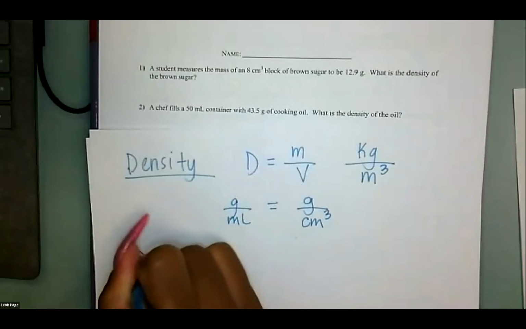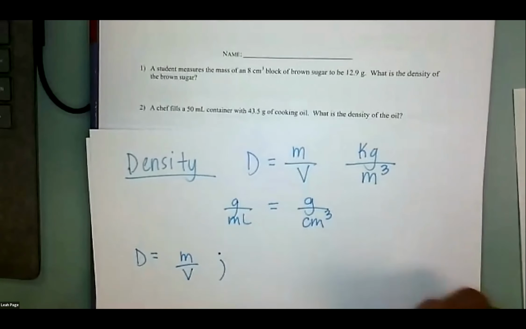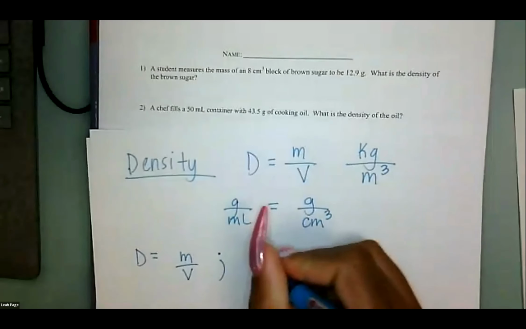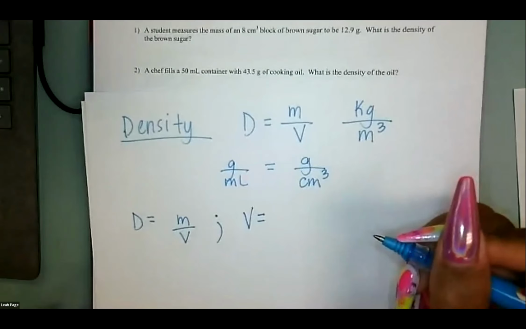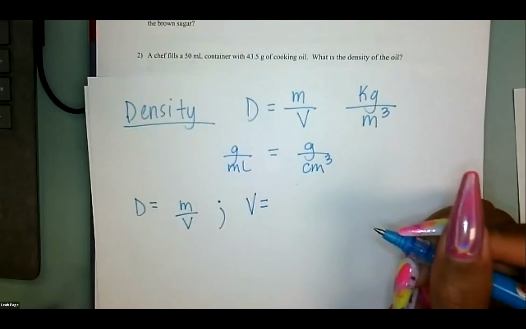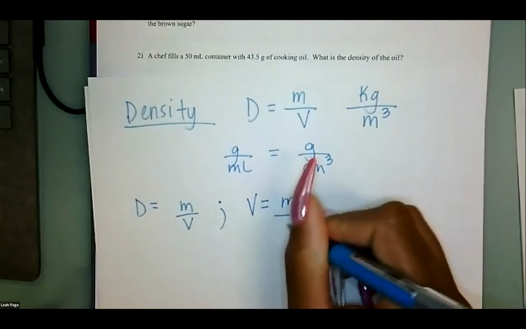If density equals mass over volume, go ahead and rearrange this equation. If we want to solve for the volume, how would we rearrange this equation? Volume equals mass over density.